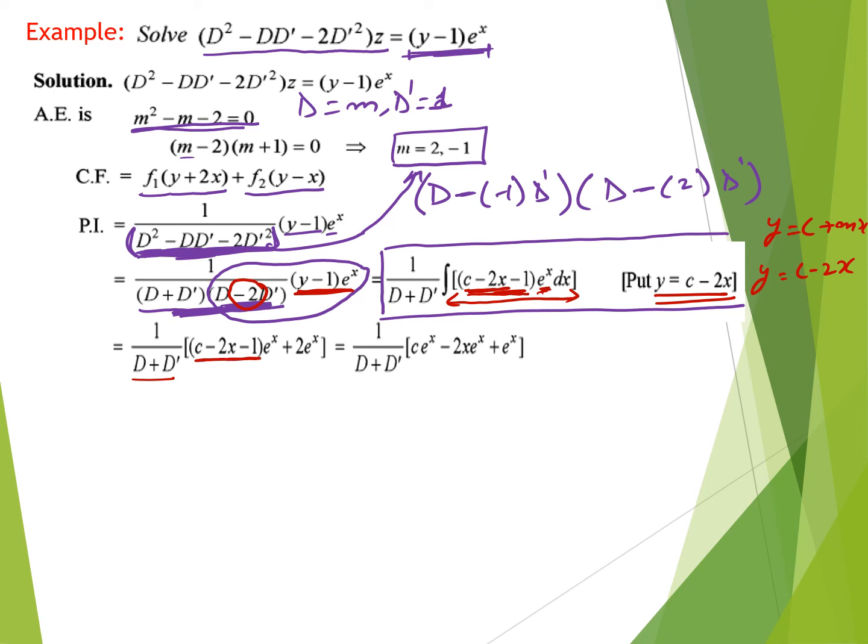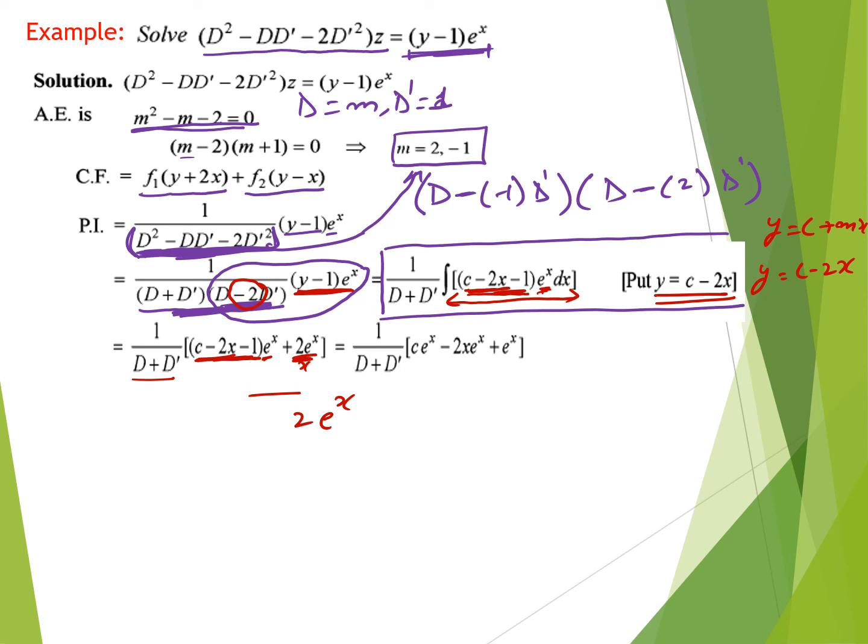Integration of e to the power x is e to the power x, and then minus the integration of the differentiation of this term, which will be minus 2, and again the integration of e to the power x is e to the power x dx. So minus minus plus, and again we integrate it, then we get 2 e to the power x.